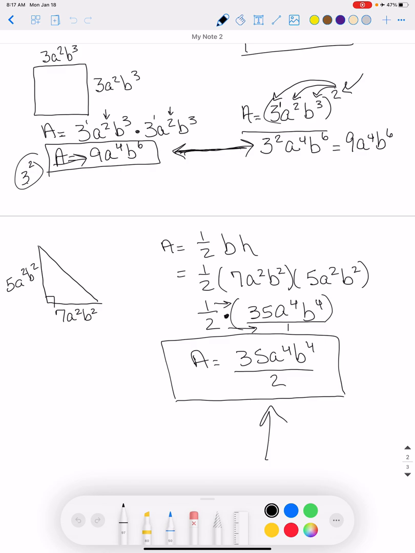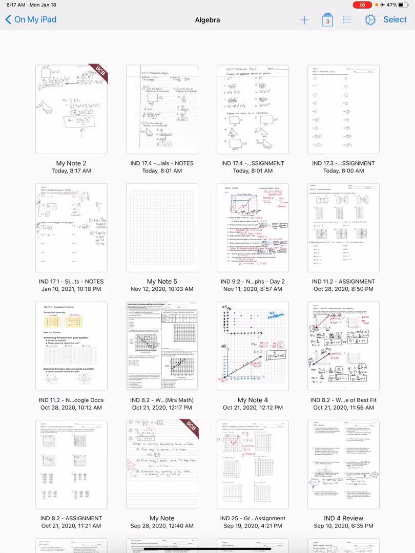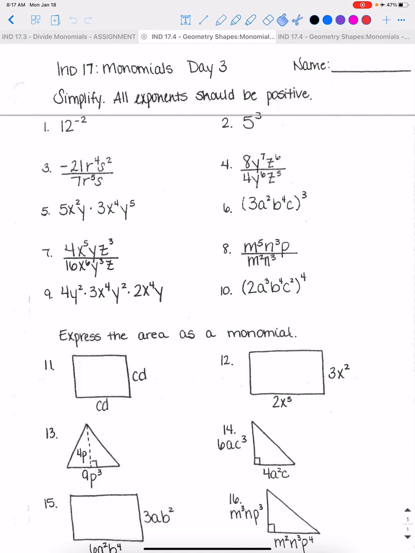Okay, so now what I want to do really quickly is I want to go out of here and pull up what would have been your homework for today. You don't need to do this as a homework assignment that's going to load in Kami.